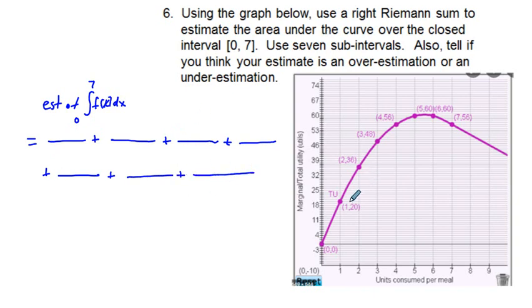It's kind of hard to read some of these here, but basically all these input values are 1 unit apart, so each rectangle is going to be 1 in width. So I'm going to put 1 here for each of these.